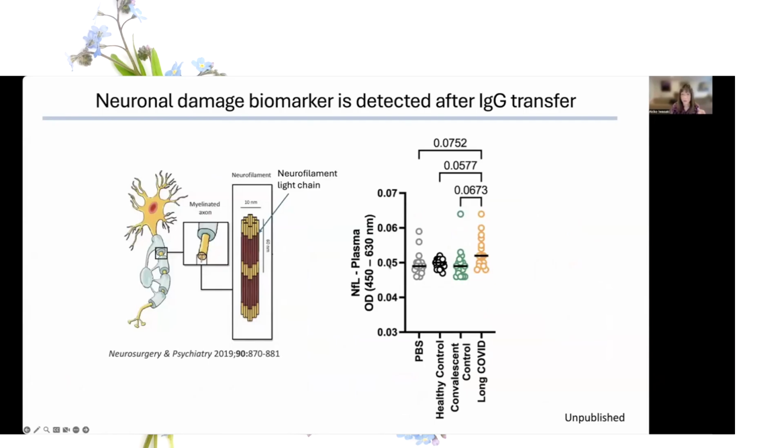And so we measured NFL from the plasma of mice that received either healthy control, convalescent control, or long COVID IgG. And you see that there's a significant elevation of NFL levels in long COVID IgG recipient mice, indicating that there is direct axonal damage occurring in these mice.